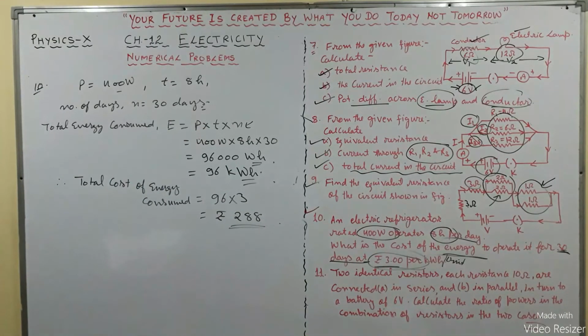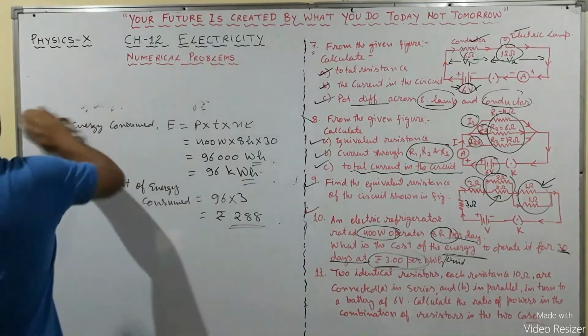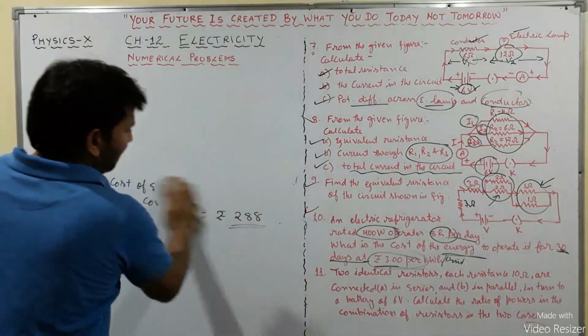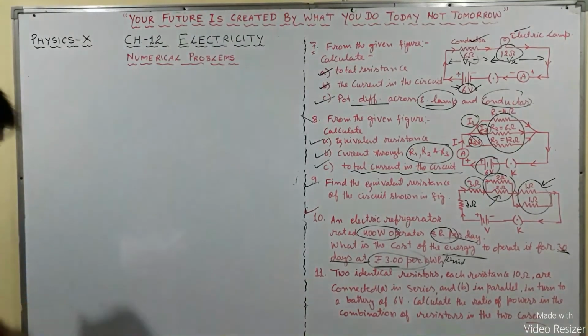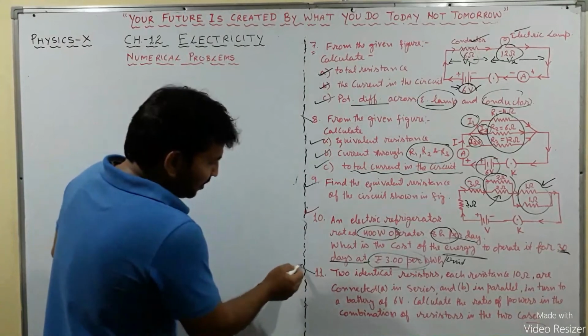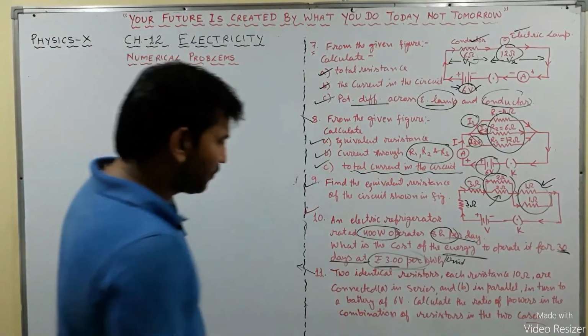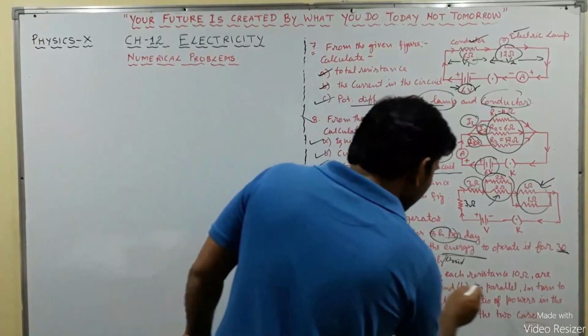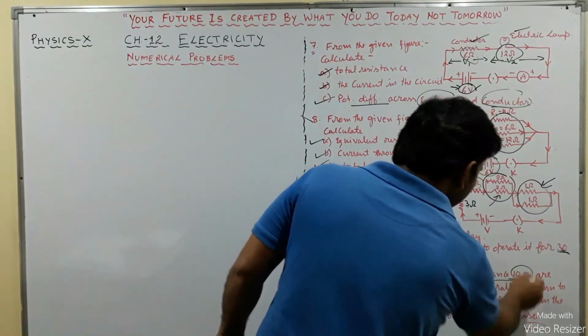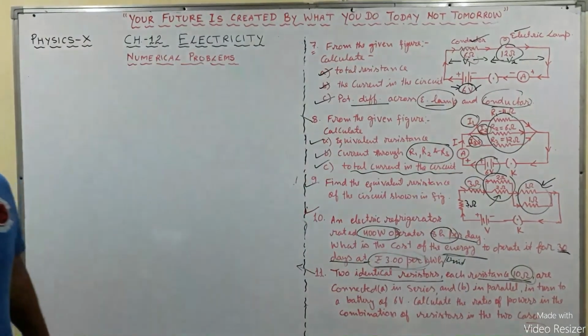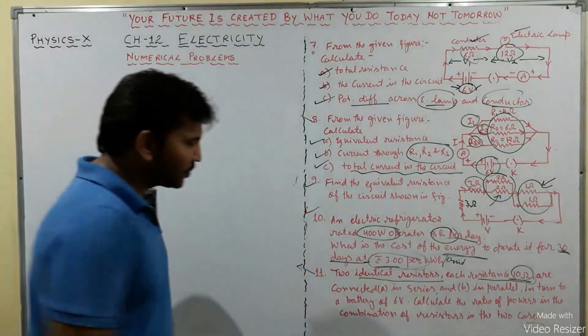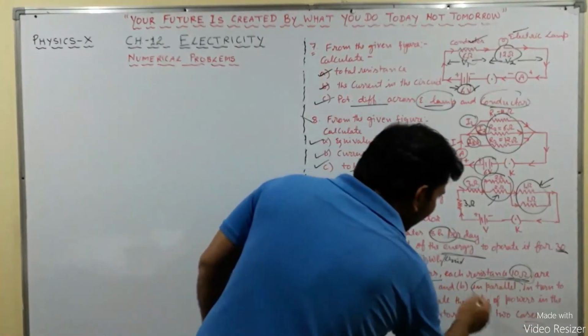Let us move on to the last question. We have two identical resistors of resistance 10 ohm, which are connected first in series and then in parallel.